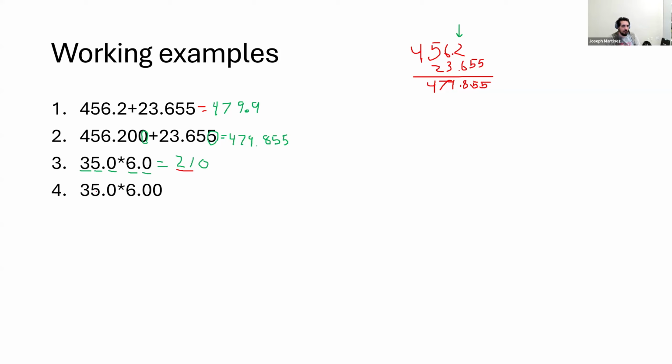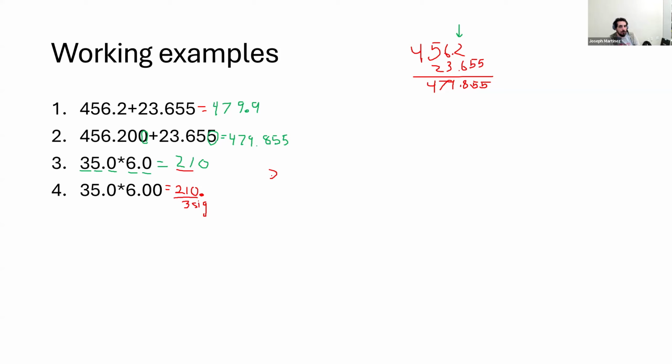Let's do a little bit different. Let's do 35.0 times 6.00. We plug it into our calculator, and our calculator will tell us the same thing, 210. But this time, because both of our inputs have 3 significant figures, our output also has 3 significant figures. So what we might do here is write 210 with a decimal point afterwards, and that decimal point indicates that it is 3 significant figures.